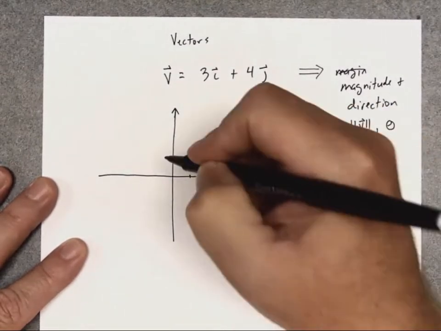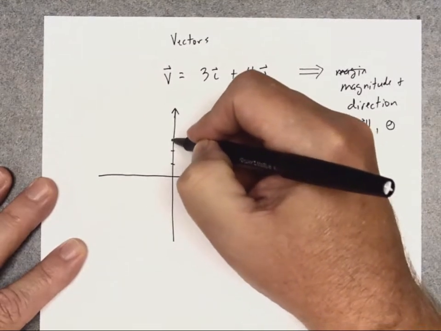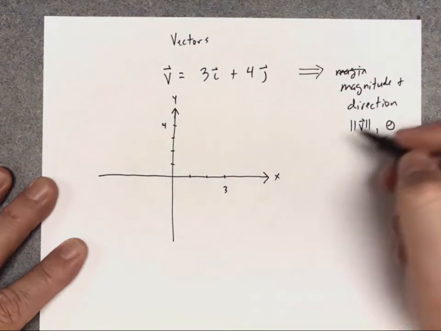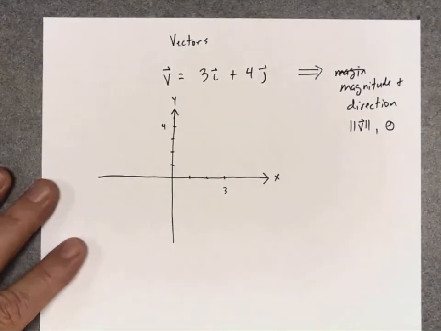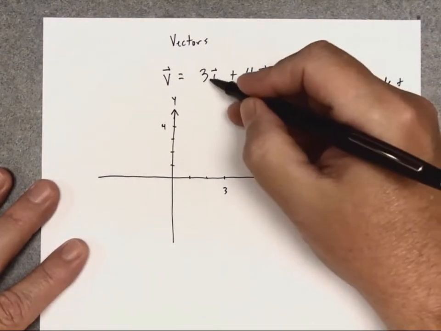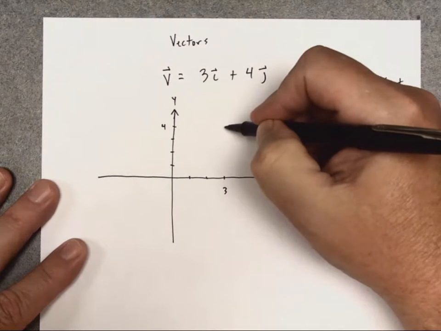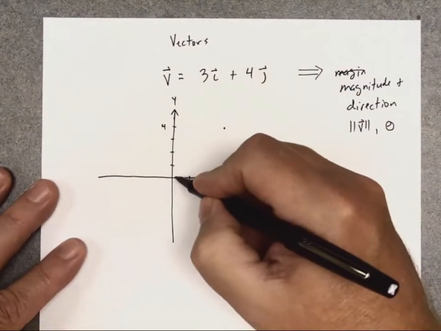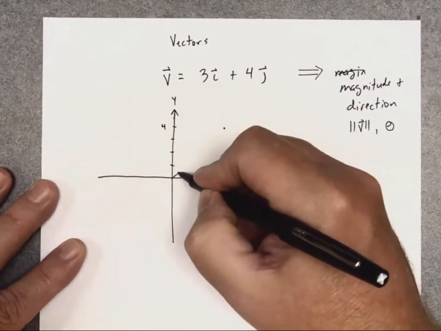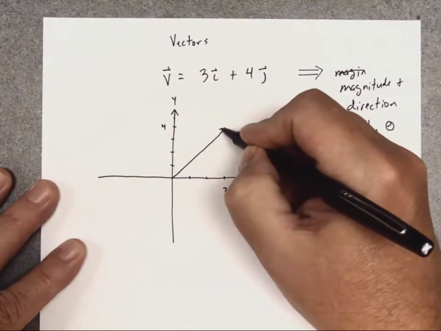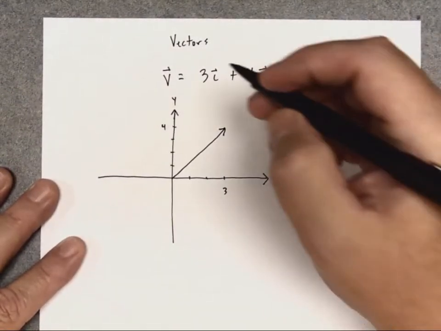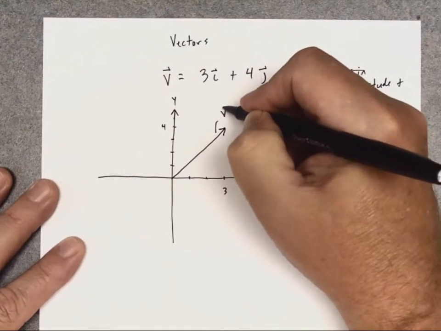So here's like x3. Here's like y4. So if I want to draw this vector from my IJ coordinates information, 3i, 4j, which is a point about right here. Now I'm going to try and draw a straight line from my origin to that point. So there's my vector v.